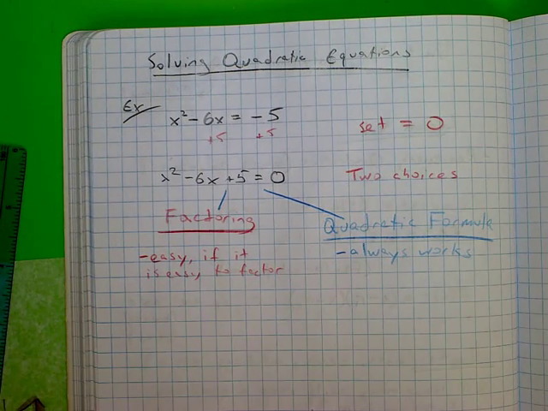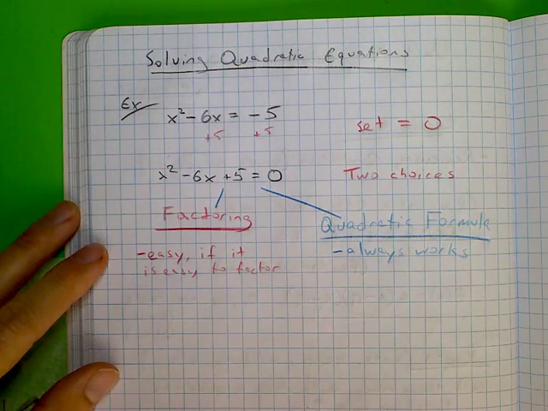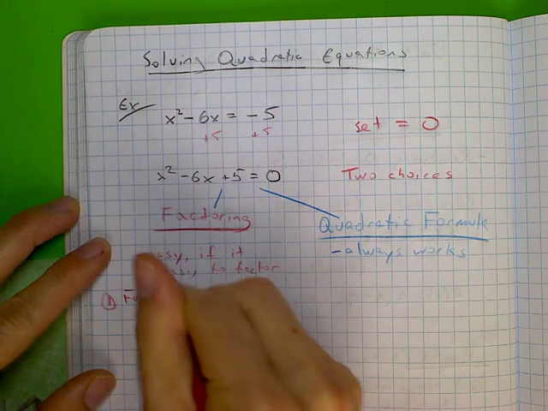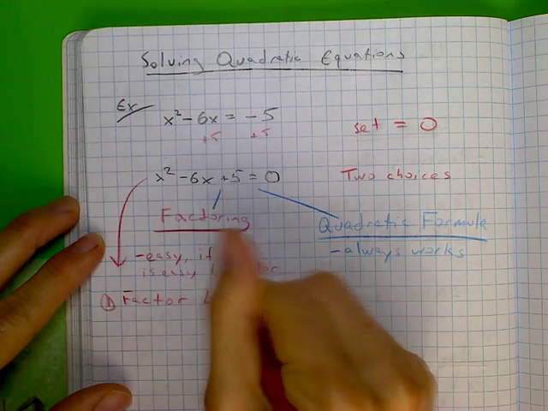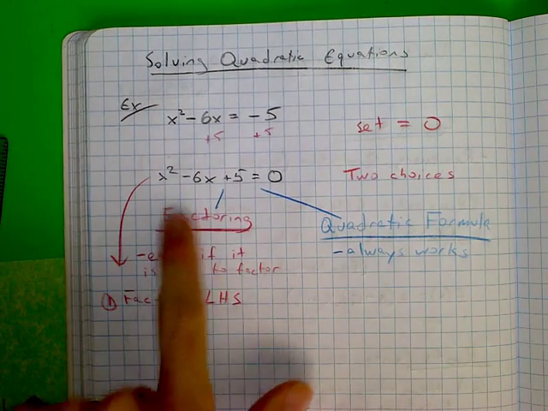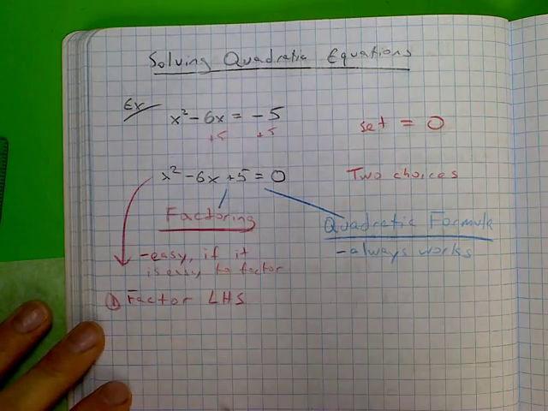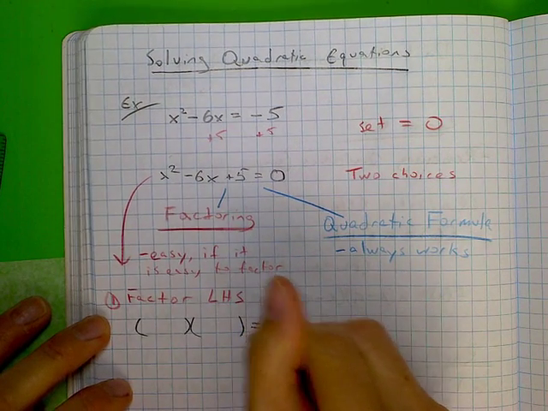So let's see if we remember how to do that. So step 1, of course, is factor the left-hand side. So we're still using this same problem. So the left-hand side is right here. So would that factor? I said it was easy. Was I lying? So somebody tell me how that factors.